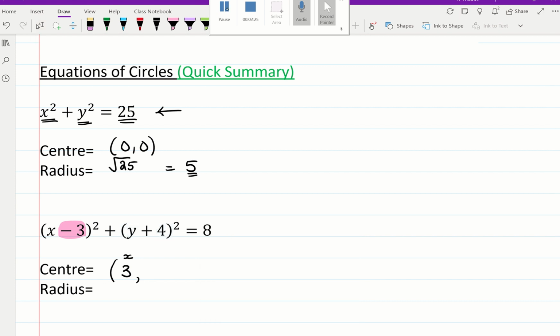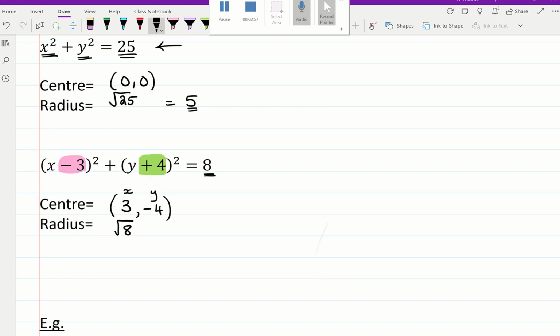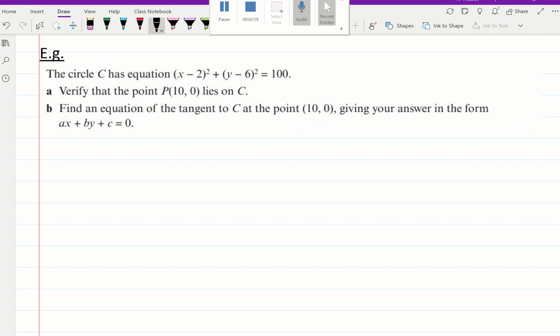So I look at this number, and it's a +4, which means that the y coordinate for the center is going to be a -4. So the center of this circle on the grid is the coordinate 3, -4, and the radius is going to be √8 rather than 8. So you always square root that number at the end to get the radius. And if you know that basic information, you can do everything in this section.